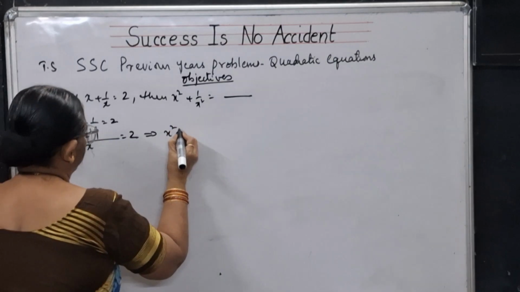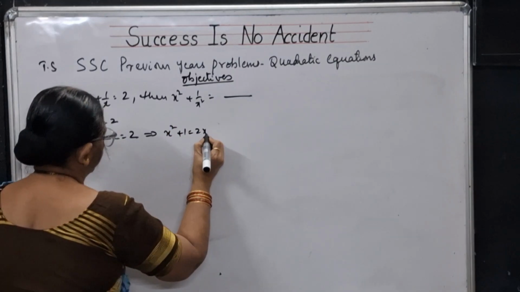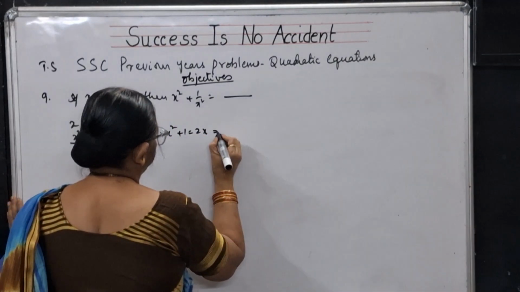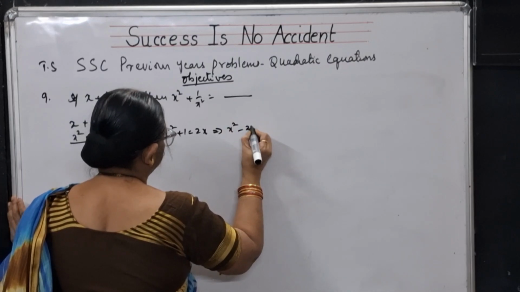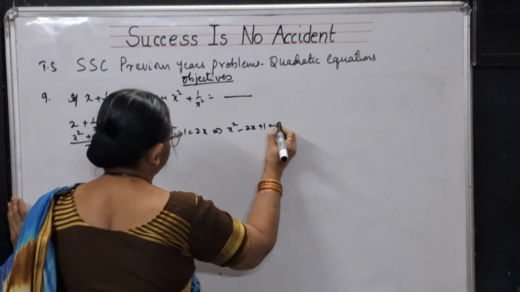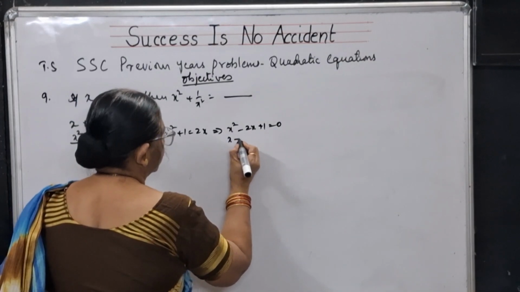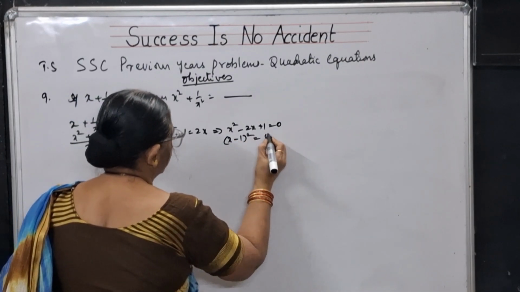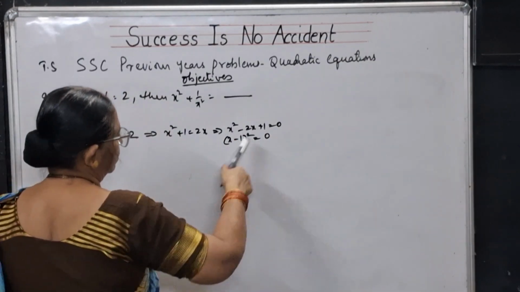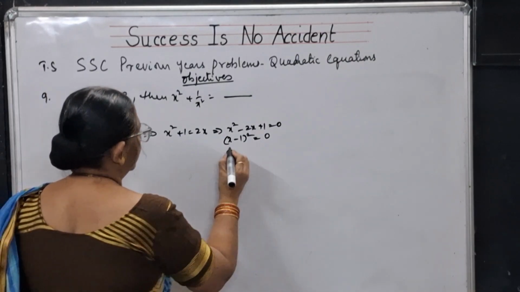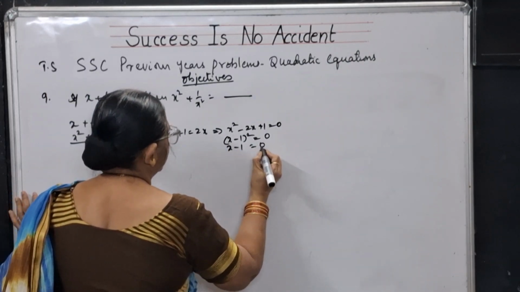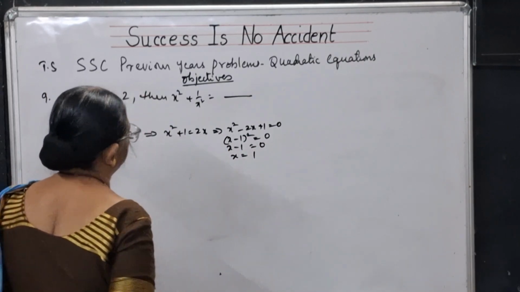This implies x square plus 1 is equal to 2x. This implies x square minus 2x plus 1 is equal to 0. This means what, children? X minus 1 whole square is equal to 0, because it is in the form of x minus 1 whole square. So what is x minus 1? 0, x is equal to 1.